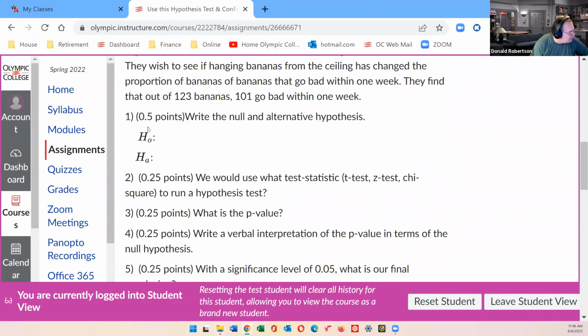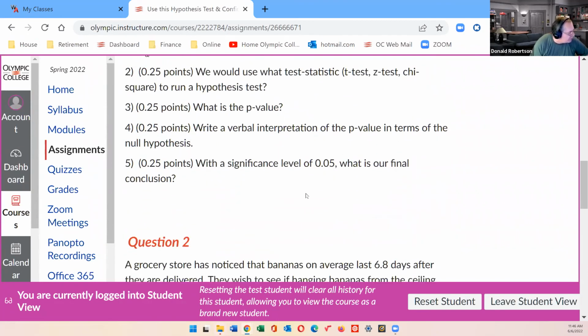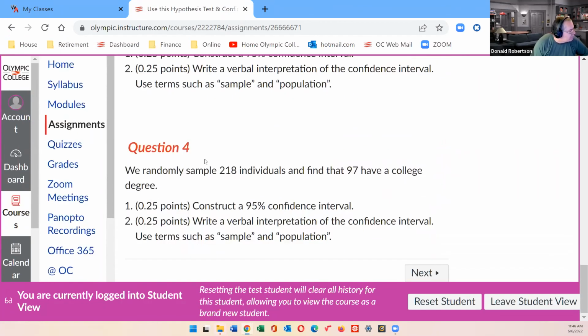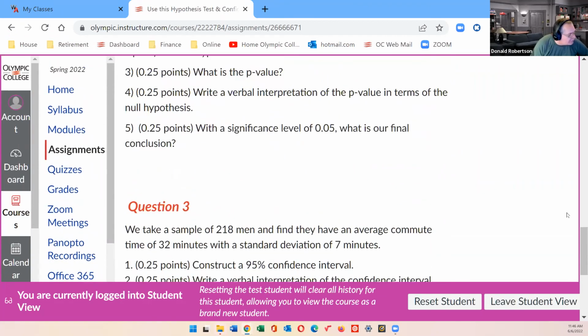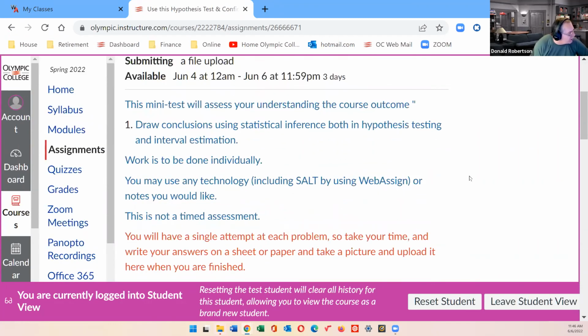And here's a story. Write down the null and alternate. Tell me the t statistic and all that. You're going to use SALT for every one of these questions, I would suppose. There's question 2, question 3 and question 4. The points are not for your benefit. This data is going to be sent to one of our other statistics professors, and they're going to analyze how well people are using this.